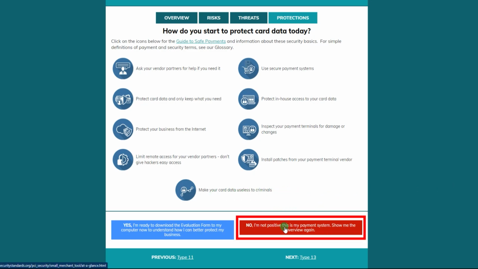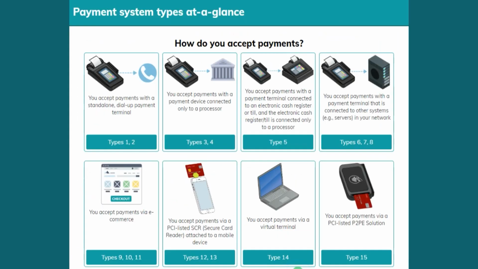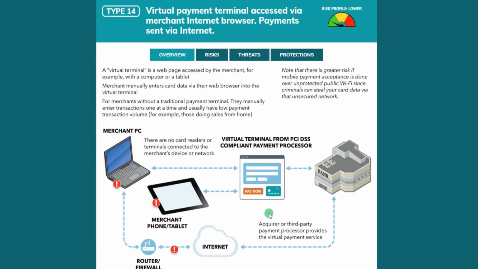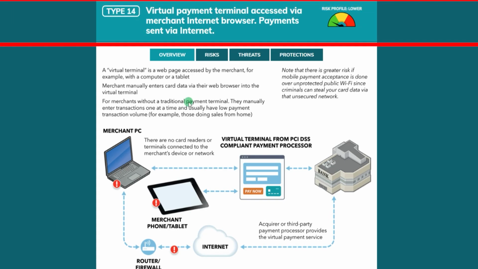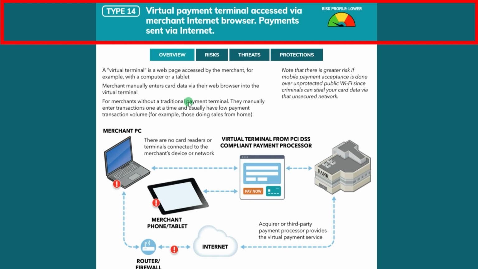Now, if this is not your payment system type, let's go to type 14. You are taking card data via virtual terminals. How is that? Well, here we are. And here is what the PCI Council says about virtual terminals.